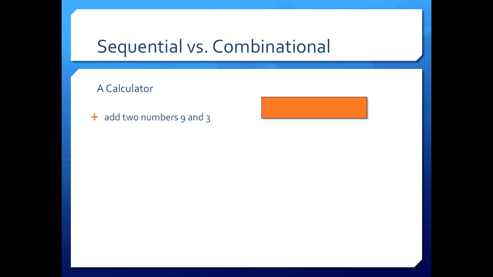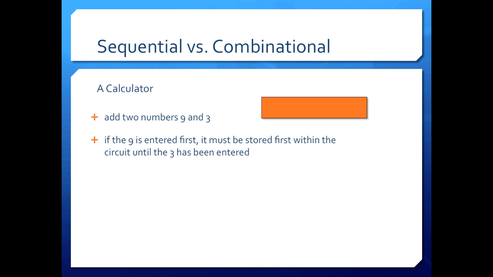Looking at sequential versus combinational, another example which really stands the test of time here is the calculator example, but when we add two numbers you can see the difference between those two types of circuits. The first number entered would be 9, and we know that it's going to be stored in the circuit, because that 9, when we press the plus sign, has to go somewhere before we add that second number, which is 3.